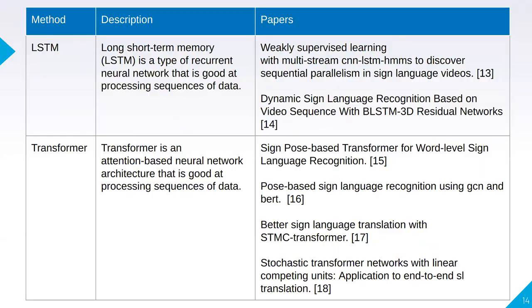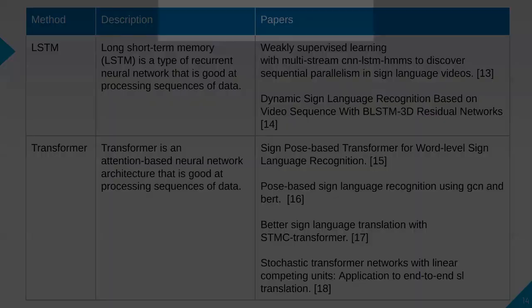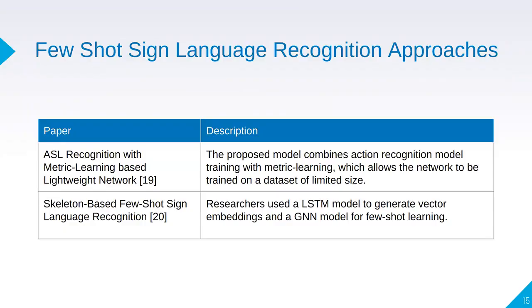Next, long short-term memory is a type of recurrent neural network that is good at processing sequences of data. And finally, transformer is an attention-based neural network architecture that is good at processing sequences of data. Looking at few-shot sign language recognition approaches, there are two.